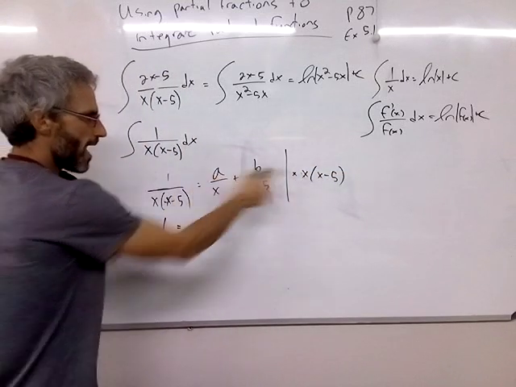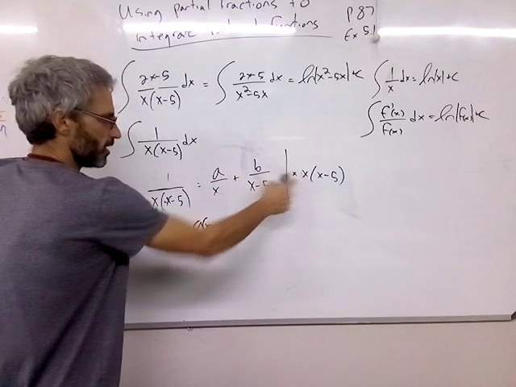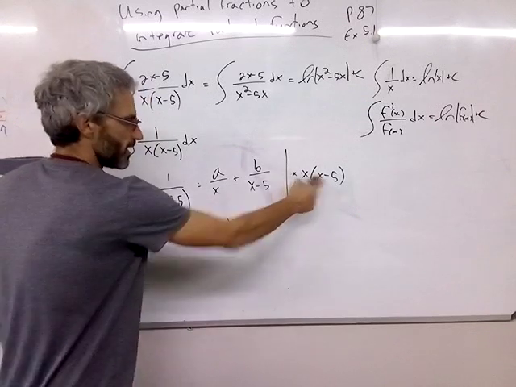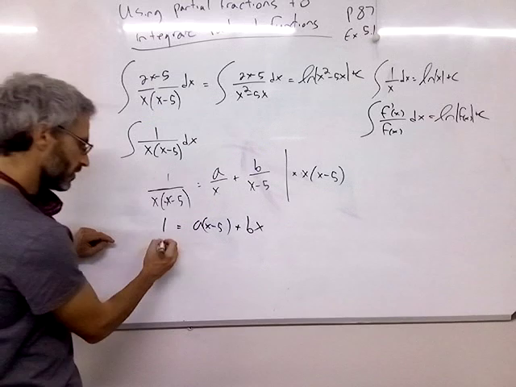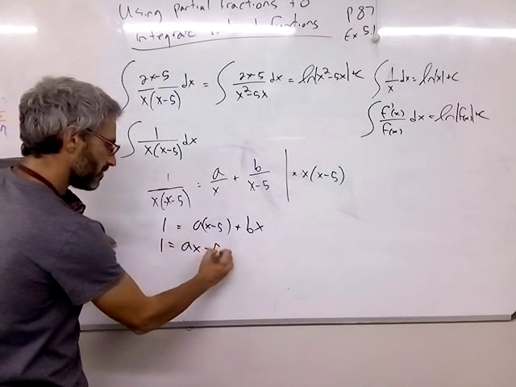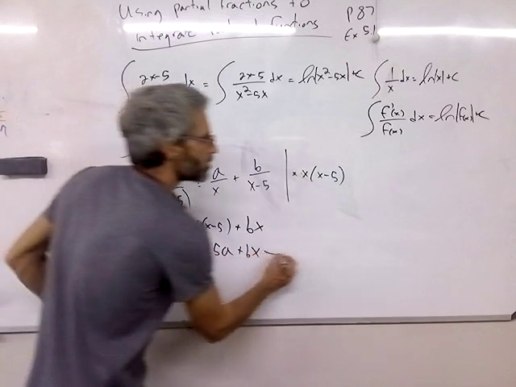This is going to be A times x minus 5, because the x kind of kills each other, plus Bx, because the x minus 5 cancels by x minus 5. Alright, and then I'm going to solve that. 1 equals Ax minus 5A plus Bx. Rearrange that.